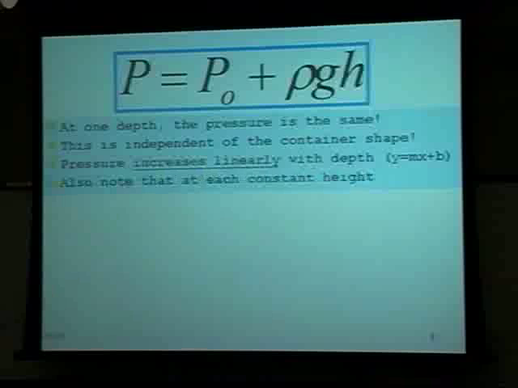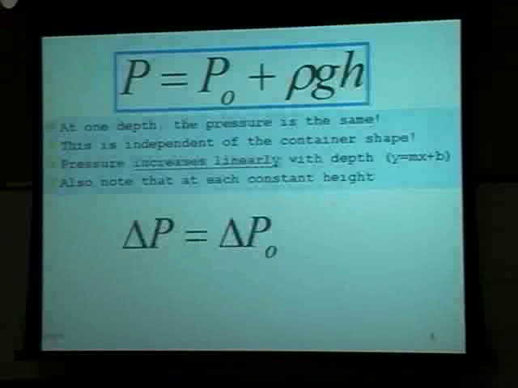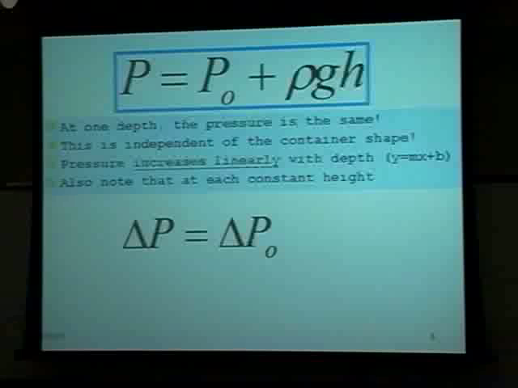And we'll also note that at each constant height, your change in pressure at that point will equal your change in pressure above the fluid, or at the top. What does this mean? In other words, if I were at a constant height, if I stayed at a constant depth within the fluid, if the air pressure were to change above that fluid, then I would feel that change, right?